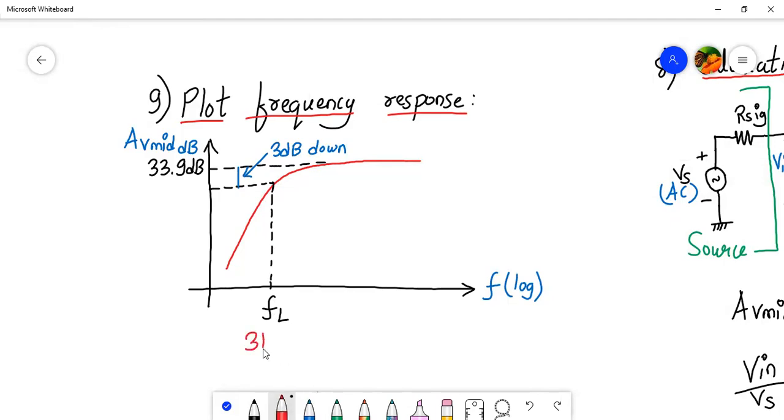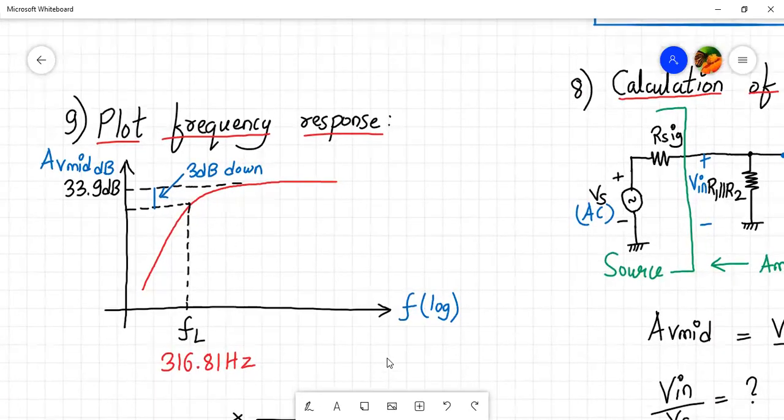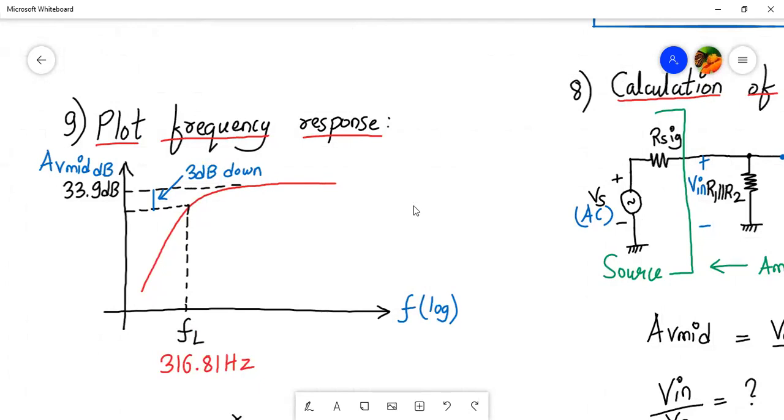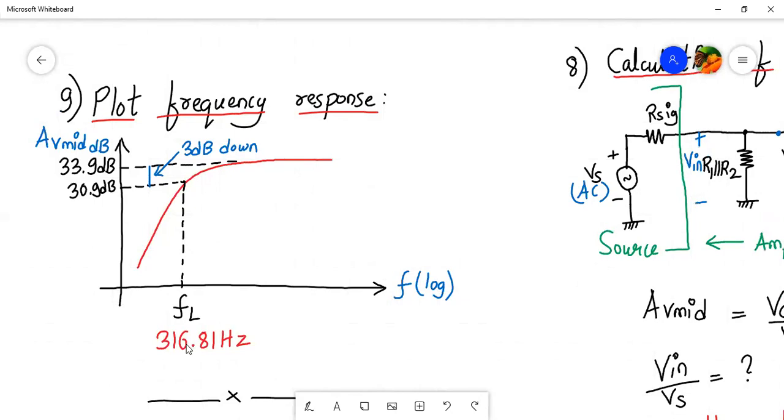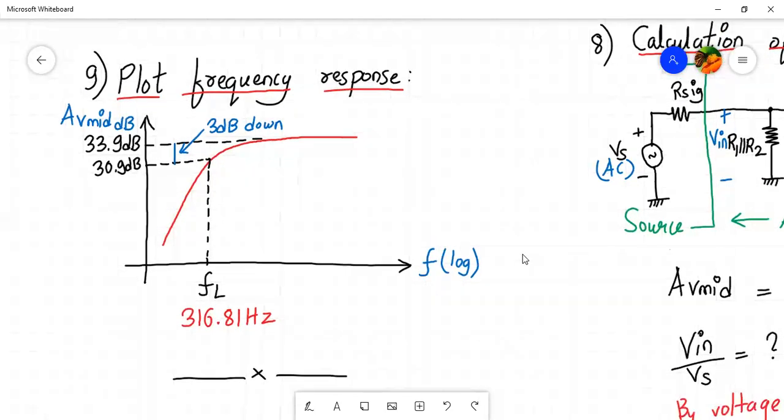It was 316.81 hertz. So that is the value of the lower cutoff frequency of this BJT amplifier, and this is my frequency response. And 3 dB down, this value, if you wish to write, will be 30.9 dB. So at 30.9 dB, the corresponding value of FL will be 316.81 hertz. And this completes the entire analysis for this numerical.